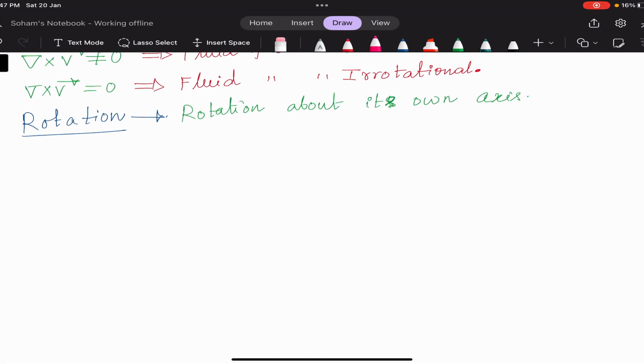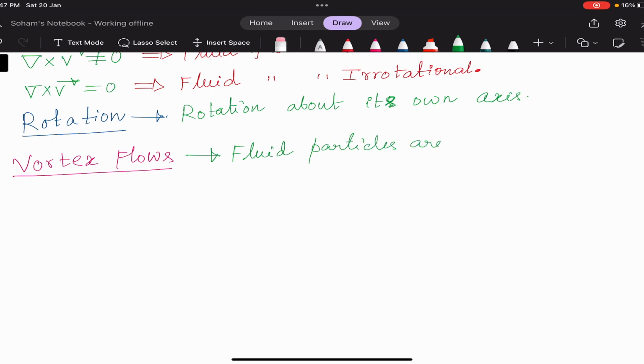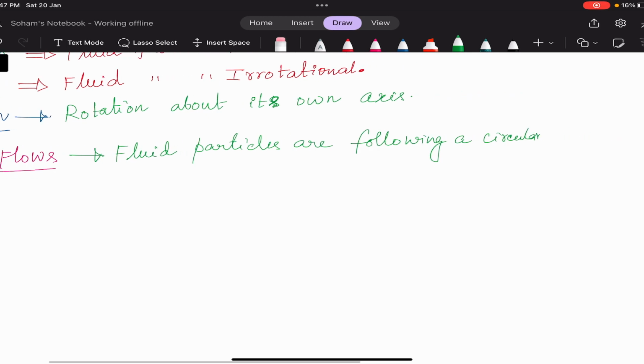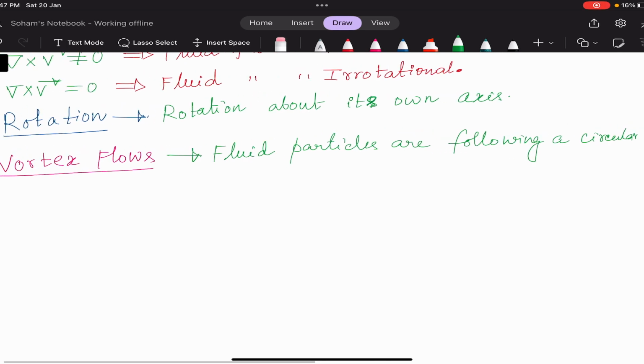Now if I am talking about vortex flows, that only means the fluid particles are following a circular path, right?